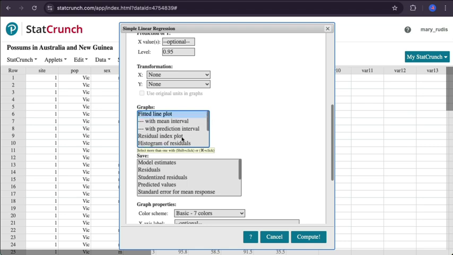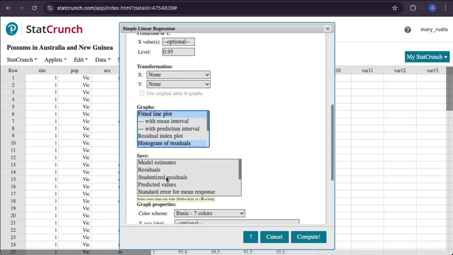So we want the fitted line plot, and then I want you to scroll down here and select the histogram of the residuals, the QQ plot of the residuals, and then we want to see the predicted values versus the residuals. So those are the plots that we're going to be looking at.